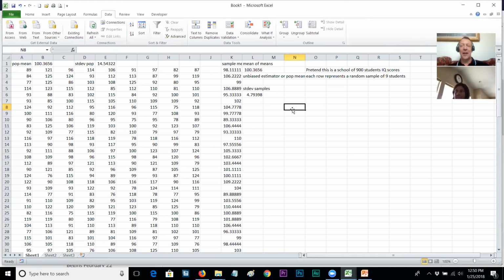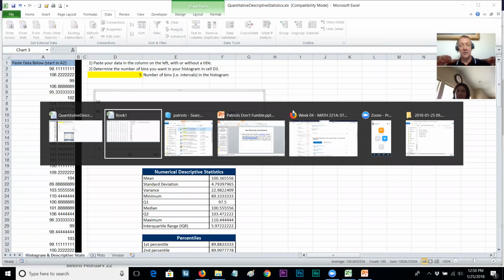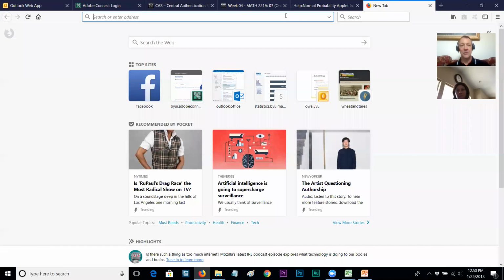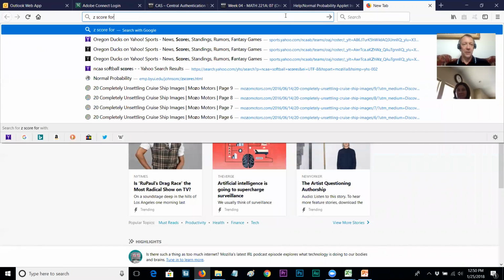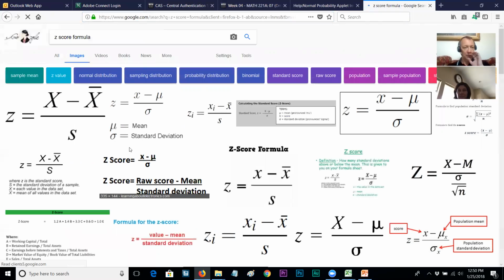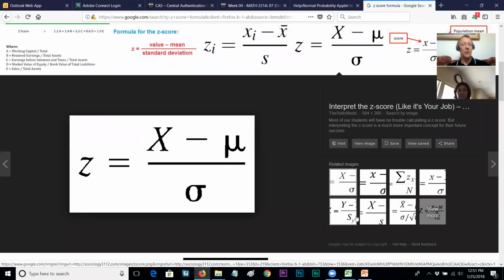Now, a lot of times what happens, especially when we're doing probability next week, is they're going to give you a relationship between those two variables, and I'll tell you what they are in a minute. If I do the Z-score formula, they're going to give you this formula here, Z equals X minus mu over sigma.